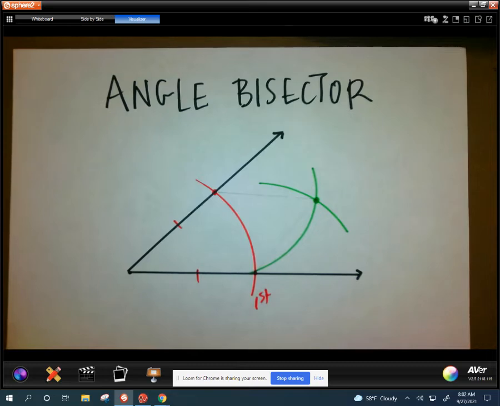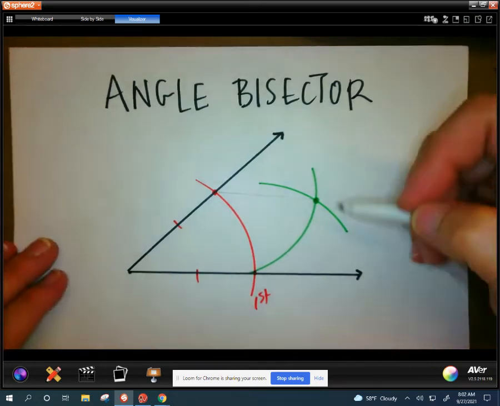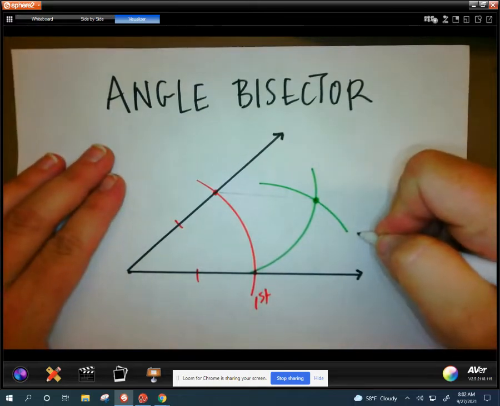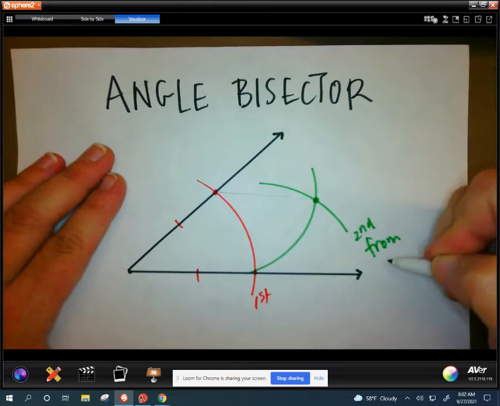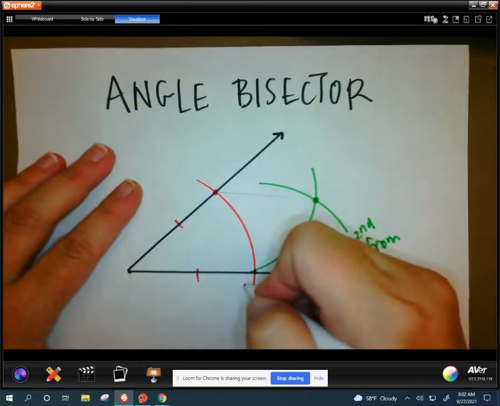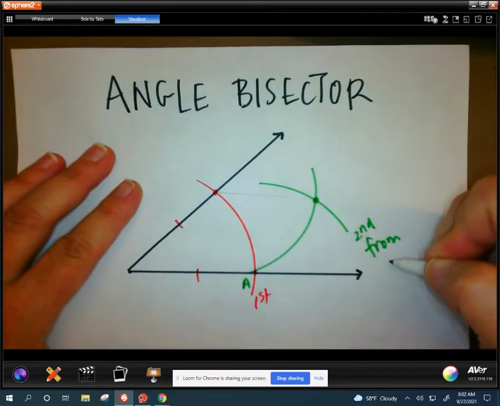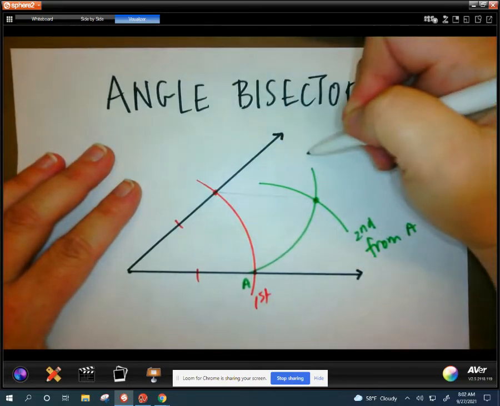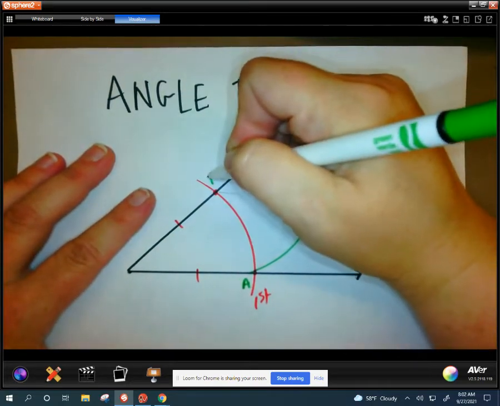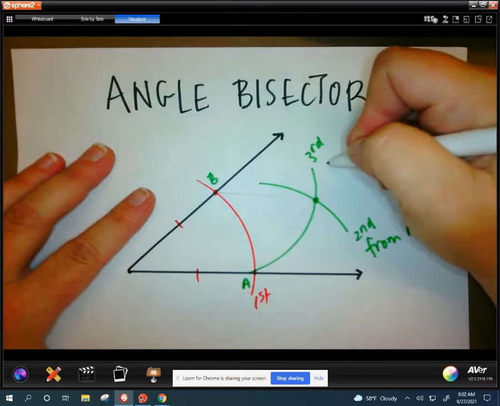But now we're just trying to do the bisector. So first thing, let me just go ahead that I did this second from, I'm going to call this point A, from A. And then this one was third, and we're going to call this point B, from B.